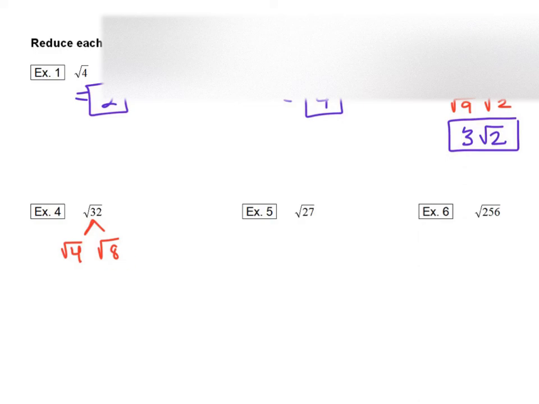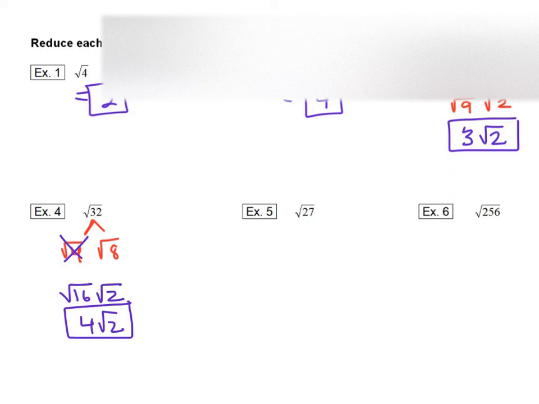What that means is that 4 was not the biggest number that fits into 32. So you can go ahead and start dividing by bigger numbers. So 4, 9, 16, and then you say, oh yeah, 16 fits in. 16 fits into 32 twice, and then the square root of 16 is 4, and the square root of 2 stays.